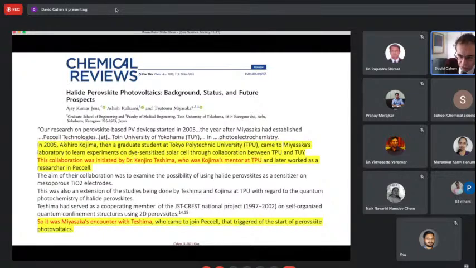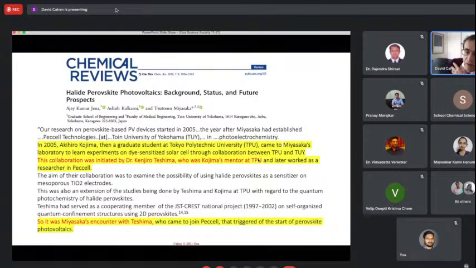Kojima was a grad student at Tokyo Polytech, and he came to Miyasaka's lab to learn to work with dye-sensitized solar cells through a collaboration between that university and the university where Tom Miyasaka was. And then it's written, the collaboration was initiated by Dr. Kenjiro Teshima, who was Kojima's mentor.